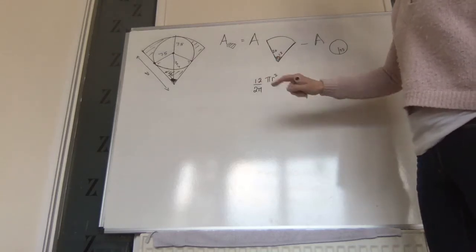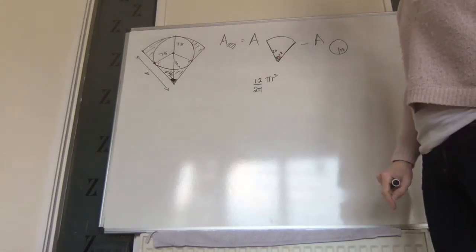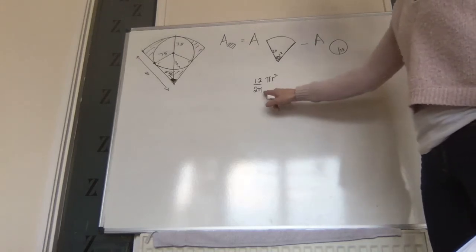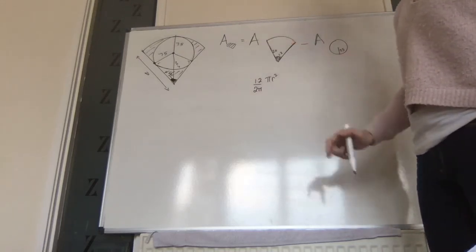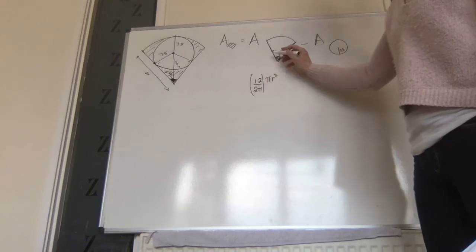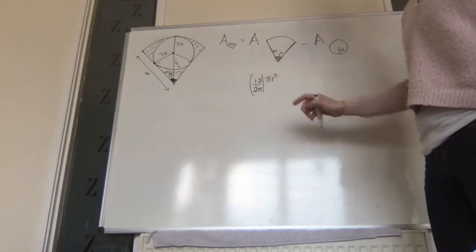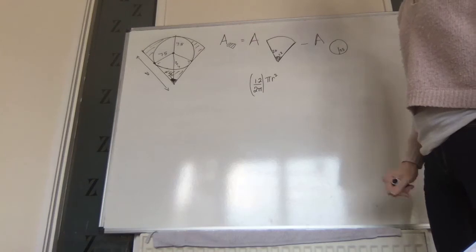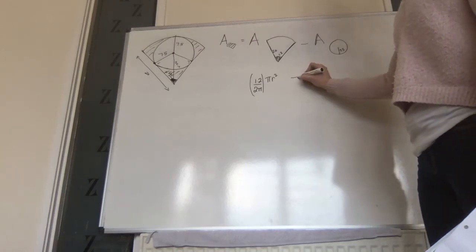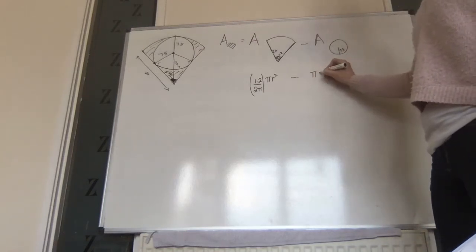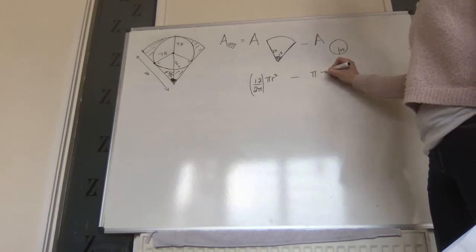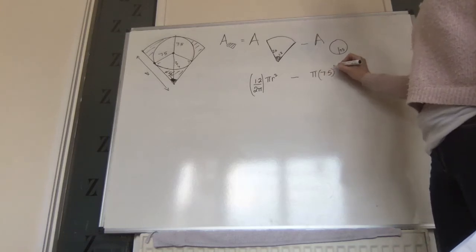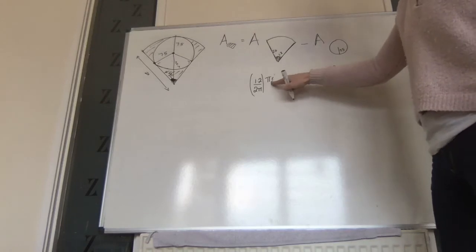So whatever fraction 1.2 radians is out of 2 pi radians, because there are 2 pi radians in a full circle, that's the fraction that the area of this sector is going to be of the full area of a circle. And that minus the area of a circle, pi r squared, and r in this case is 7.5.